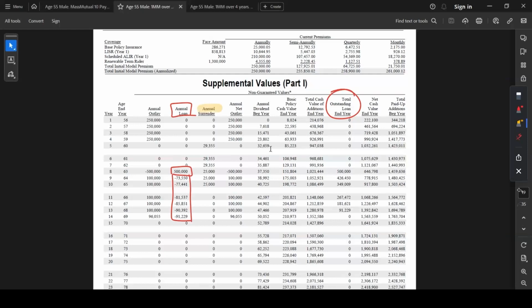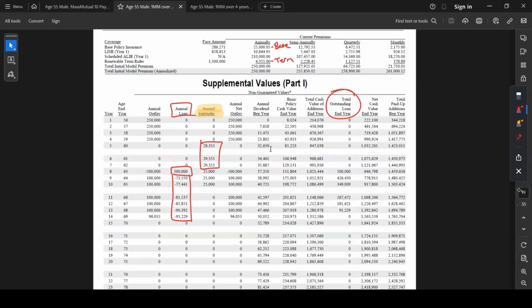Annual surrender, this represents the premium payment that you're not paying, but the policy is paying through dividends and interest. So for years 5 through 7, it's $29,000 and change. That represents the base premium plus the cost of the term insurance rider, the renewable term rider down here.